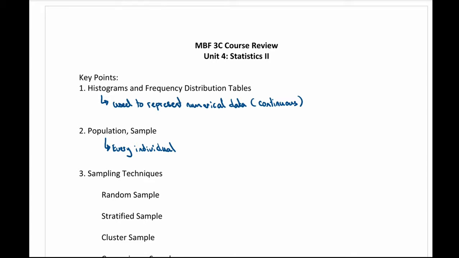So population is talking about every individual or everyone in a certain area that we're talking about or what we're concerned about when we're dealing with our data. And our sample is a group of individuals or items or whatever it happens to be taken from a population.